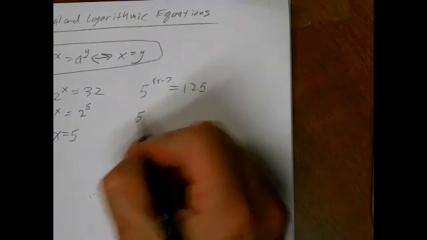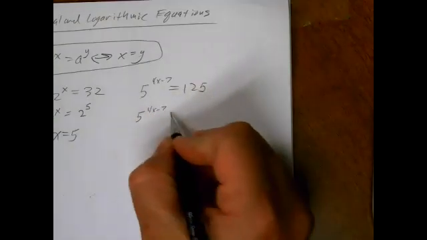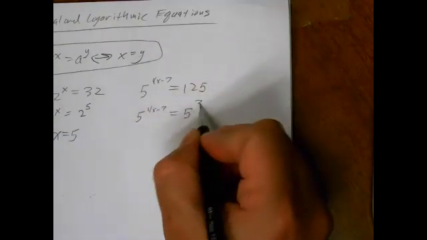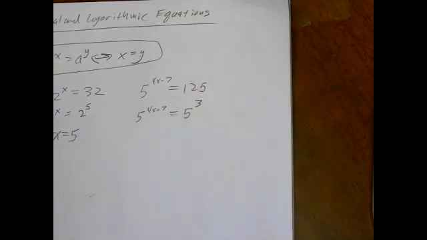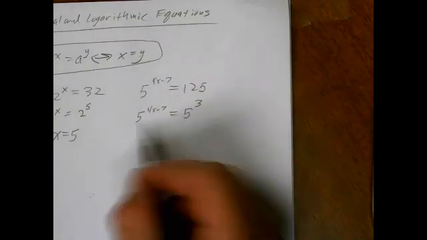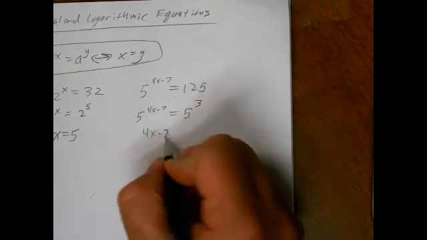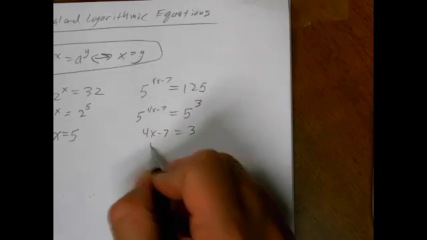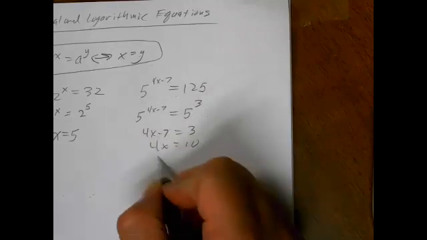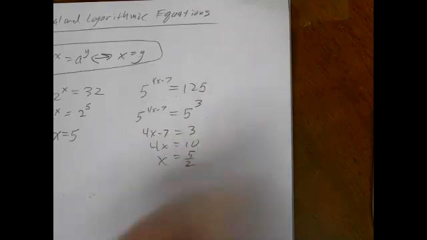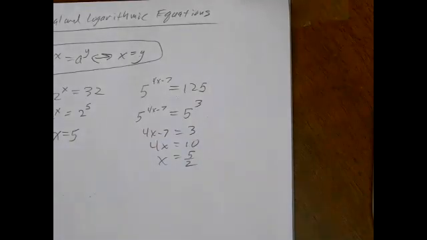So 5 to the 4x minus 7 equals 5 to the third power. Now that the bases match, the powers have to match. So 4x minus 7 must equal 3. So 4x must be 10. x, therefore, is 5/2. So again, the property says if you can make the bases match, then the powers definitely match.